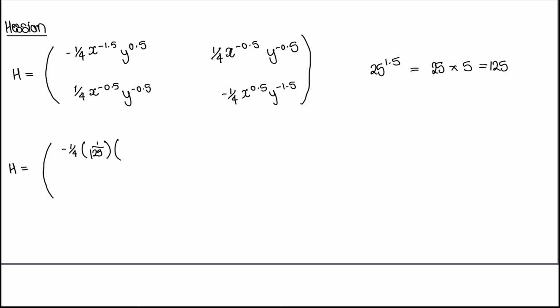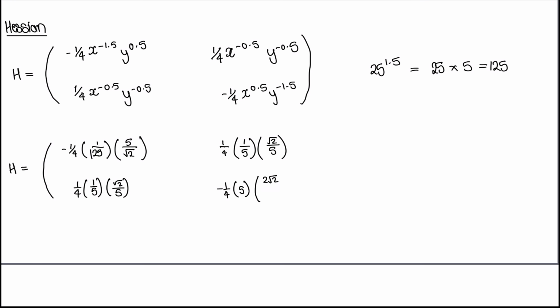And then y to the power of 0.5 would be 5 root 2. Doing the same over here, we get 1 over 4 multiplied by 1 over 5 multiplied by root 2 over 5. And substituting in here, we get minus 1 over 4 multiplied by 5 multiplied by 2 root 2 over 125.